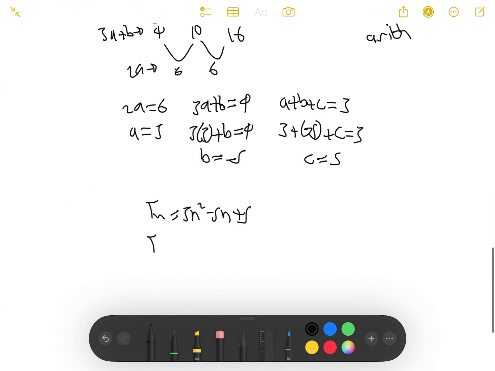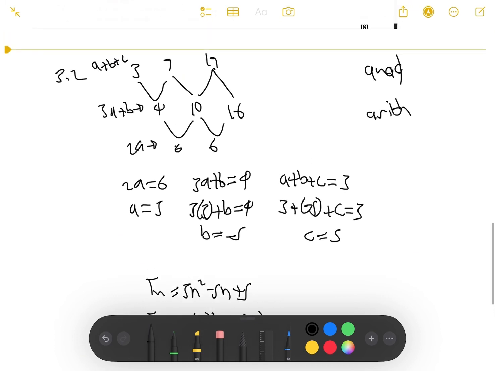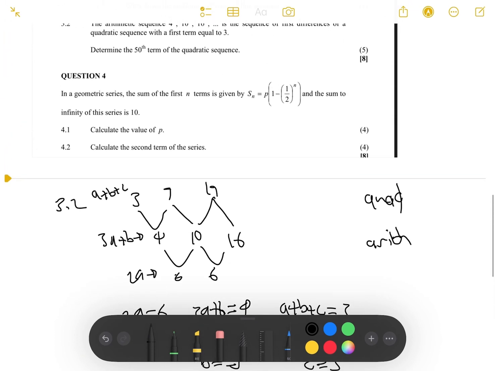So here we're gonna say T50 is equals to 3 50 squared minus 5 in bracket 50 plus 5. And then this gives us 3 times 50 squared minus 5 times 50 plus 5, 7,255. So we are done with question 3.